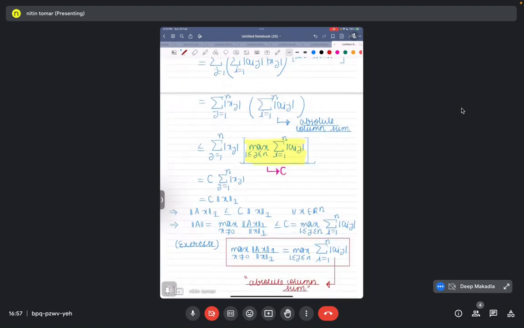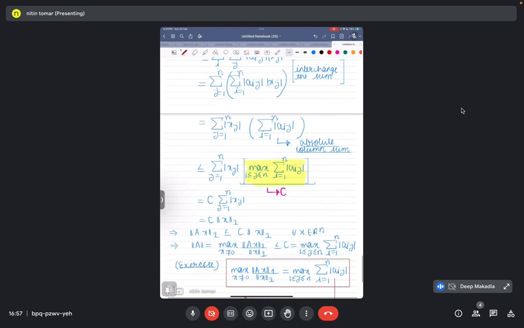No, please repeat. Then you will have n times the maximum value, no? You are saying here at this step, right? Because this is a column sum. You realize that in the pink circle you have the absolute column sum. So it will always be less than or equal to its maximum.